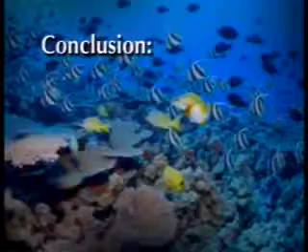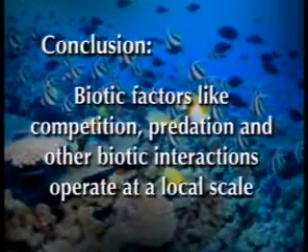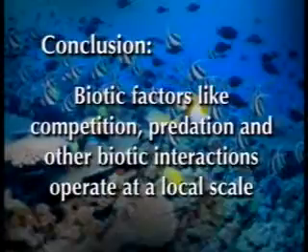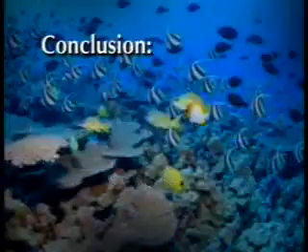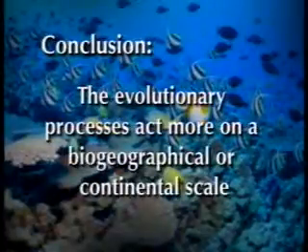However, the most realistic way of understanding the latitudinal richness gradient is that different factors and different processes act on different scales. While biotic factors such as competition, predation, or species interactions operate more at a local scale, the evolutionary processes act more on a biogeographical or continental scale.